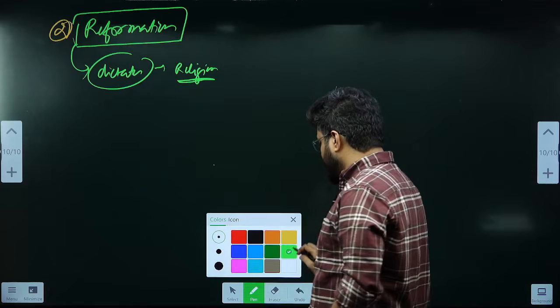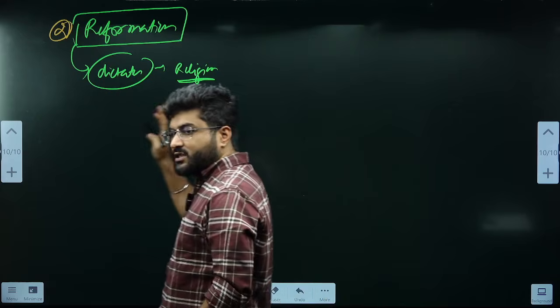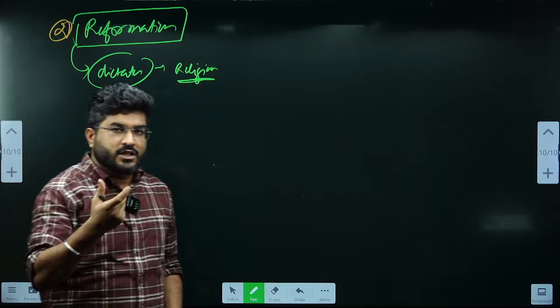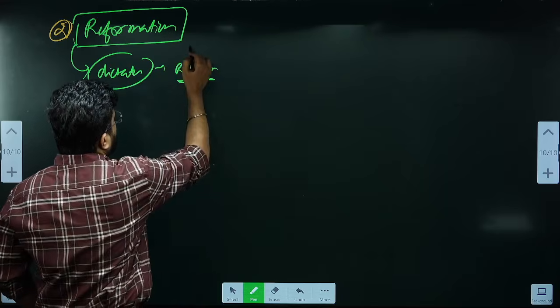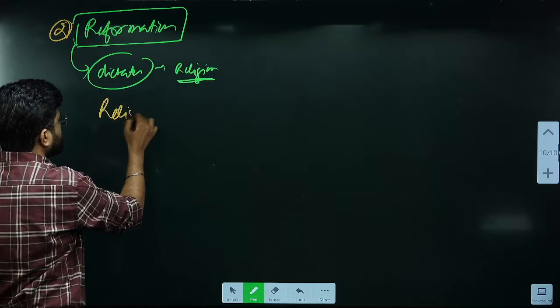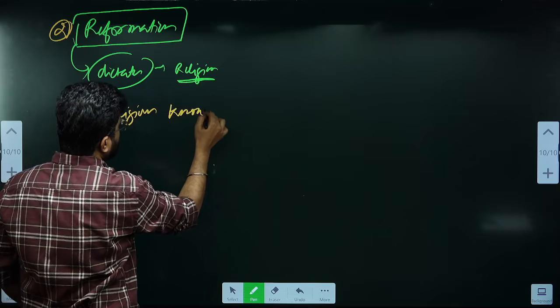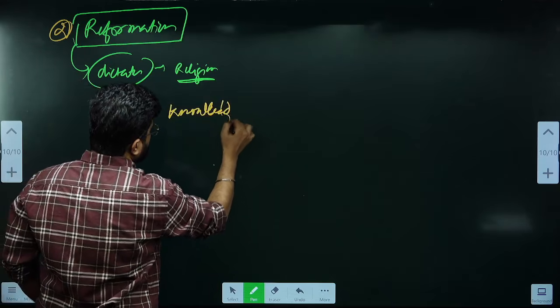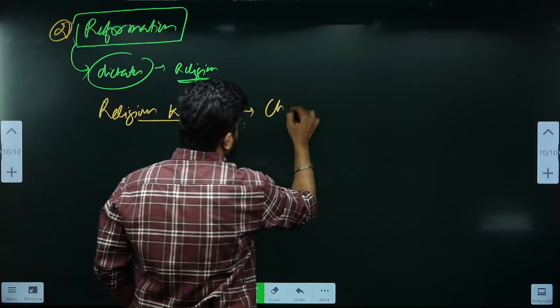Earlier, the religious doctrines, the religious dictates, the religious virtues, basically the religious knowledge, were only controlled by the church.